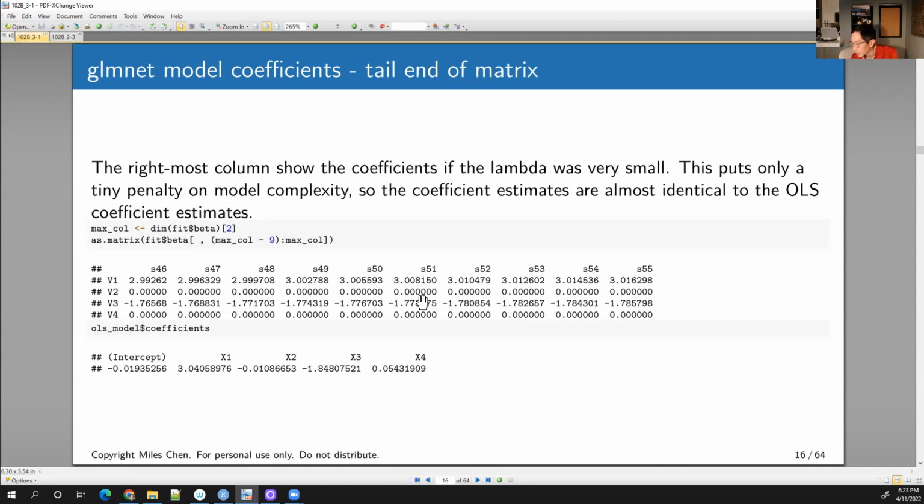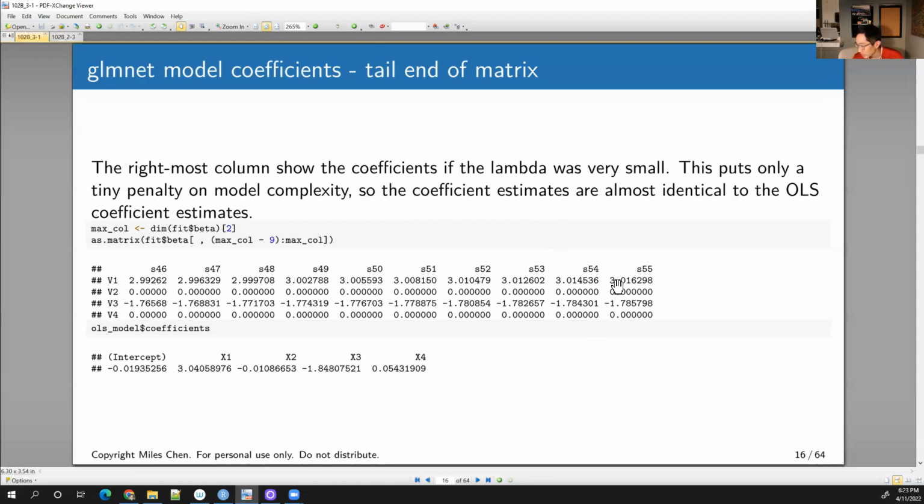Okay, and if you go all the way to the tail end of the matrix, then you will get basically something that approaches the OLS coefficients. You don't get all the way to the OLS coefficients because GLMNet always applies just the tiniest bit of lambda.